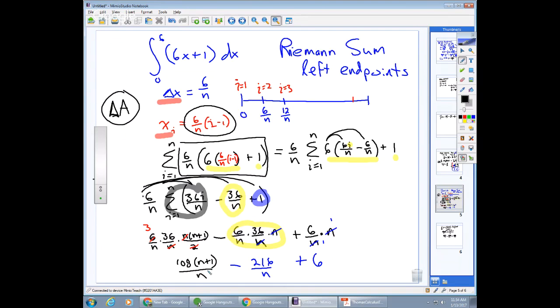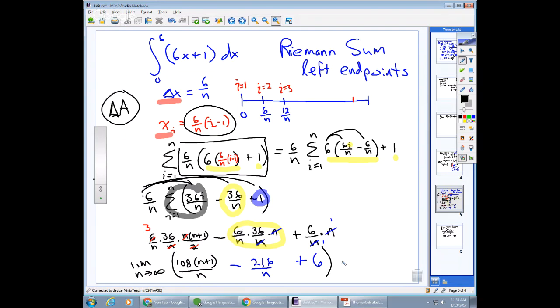And then I'd need to take the limit of this as n gets big. Nah, we don't need to multiply that out. All right, n gets huge. Okay, so as n gets huge here, n plus 1 over n, that's just 1.